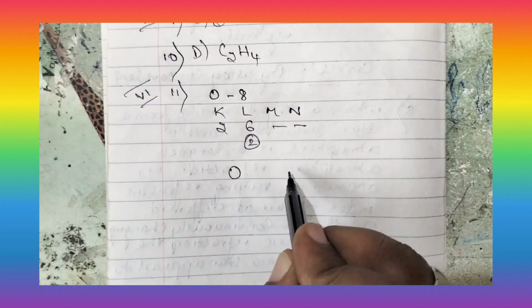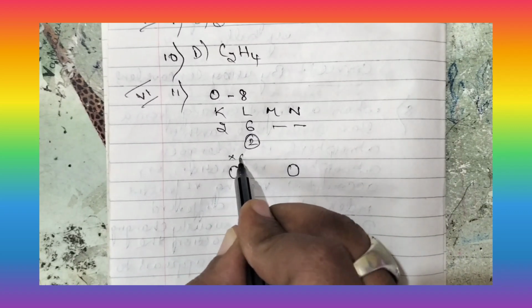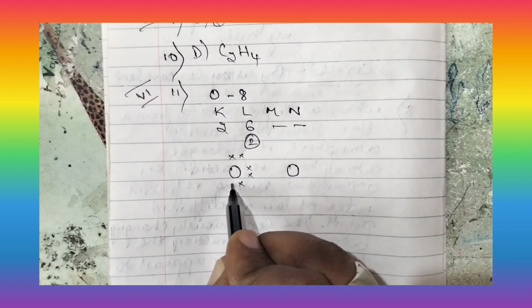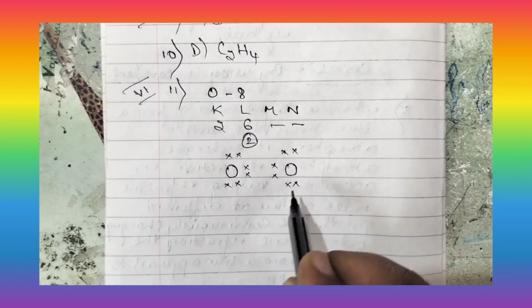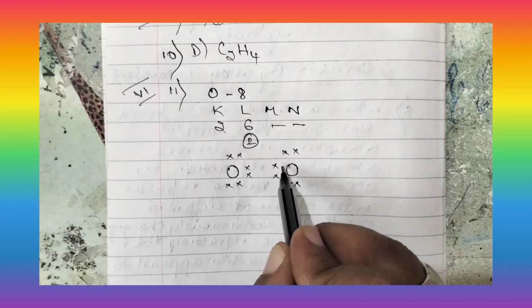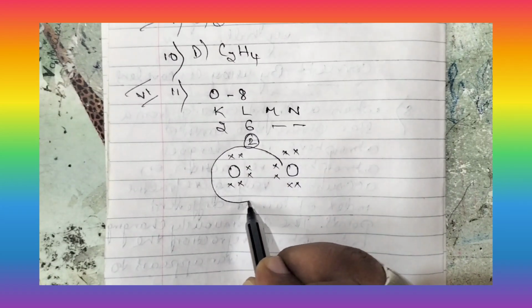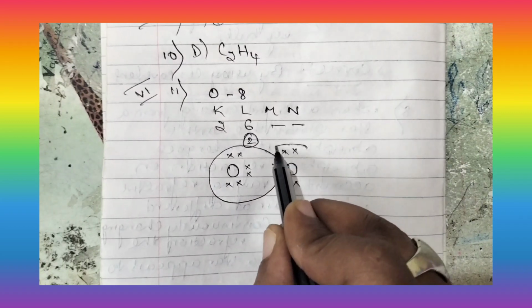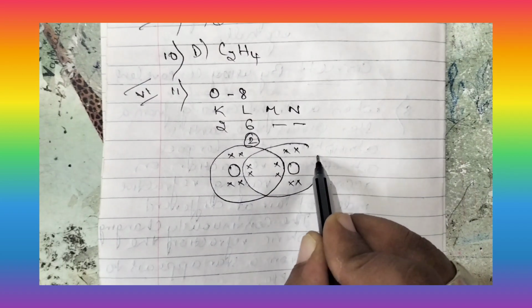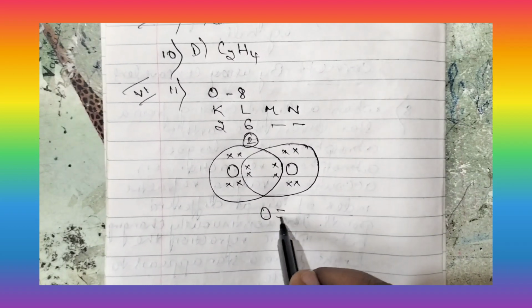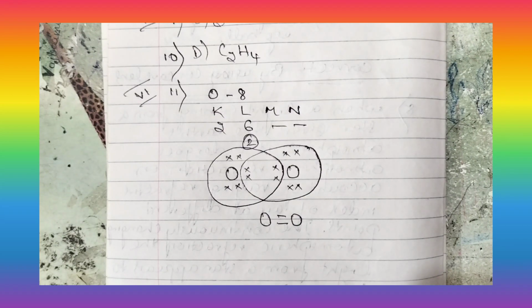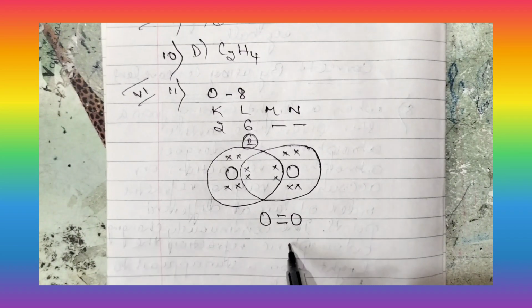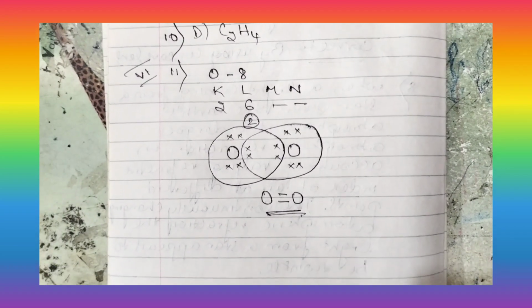So this oxygen will share 2 electrons with this oxygen, and this oxygen will share 2 electrons with this oxygen. So it will become O double bond O, the sharing of electrons between atoms to form the oxygen molecule. So it is diatomic.